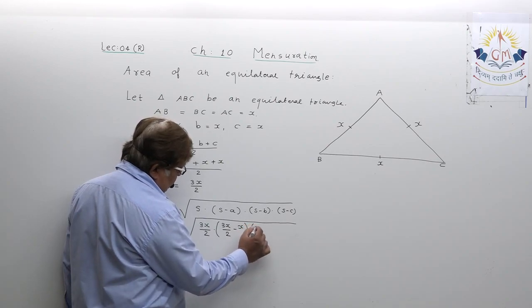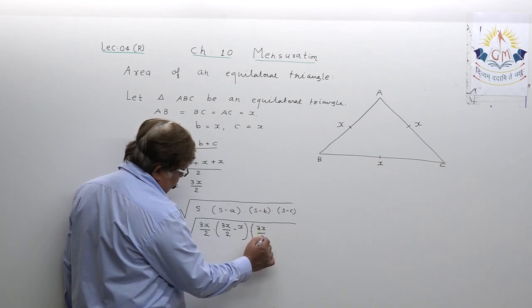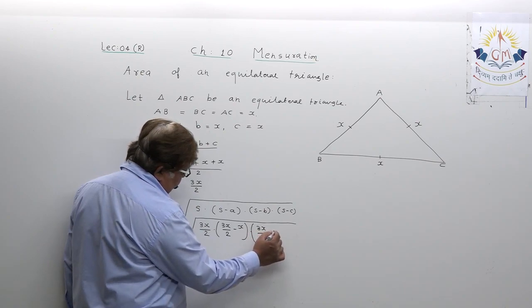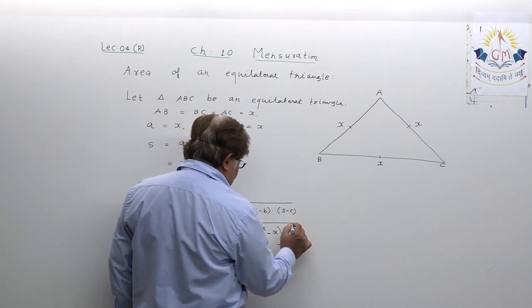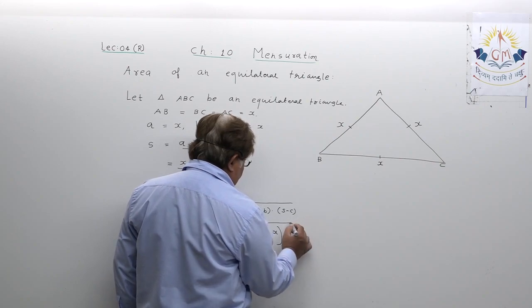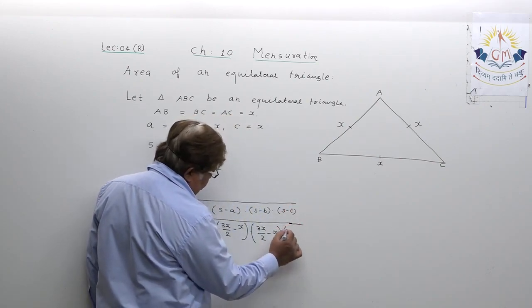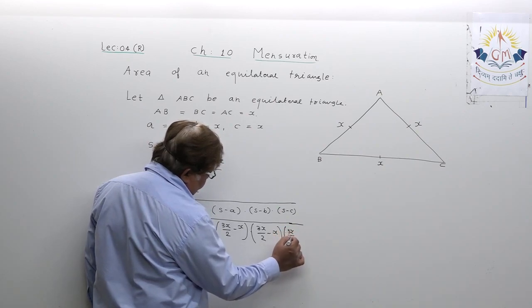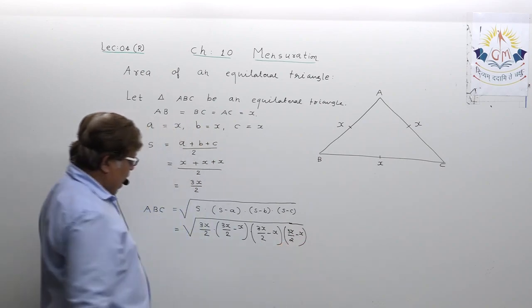Again here, 3x upon 2 minus x, and again here, S minus C, in the similar way, 3x upon 2 minus x.